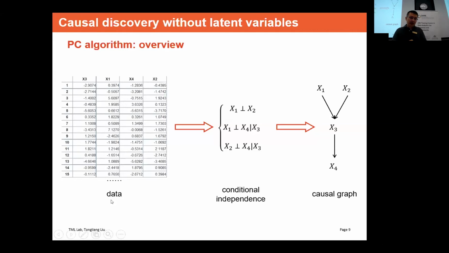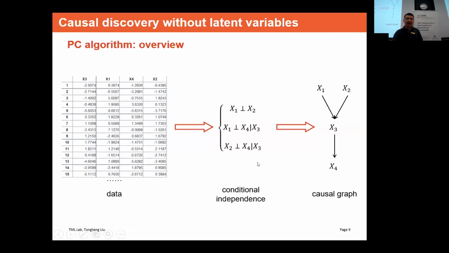Given the observed data, we can use statistics to calculate whether there is conditional independence or not, so we can recover the conditional independence information. Given this information, we can infer the d-separation information, and then reconstruct the causal graph which entails those d-separations.